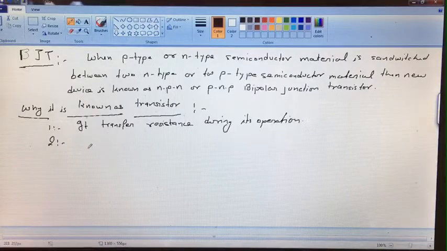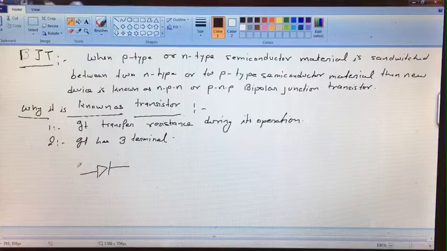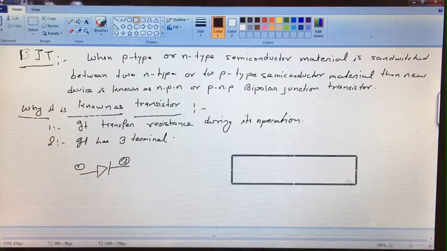Second, it has three terminal, as in diode. There are only one and two terminal, but in transistor there is three terminal. See how? First terminal, second terminal and third terminal.